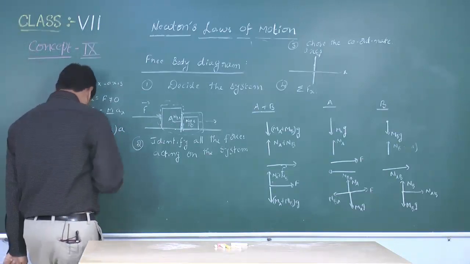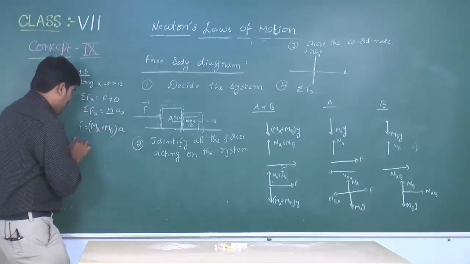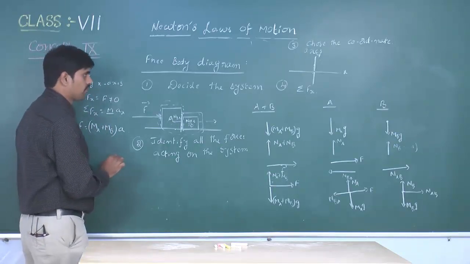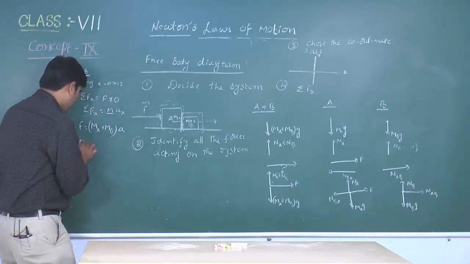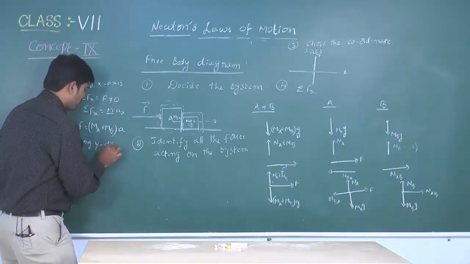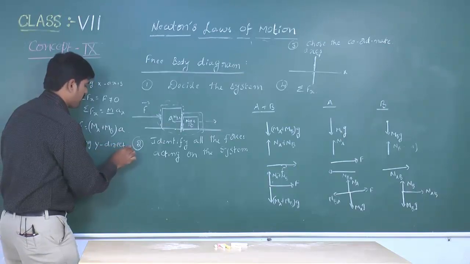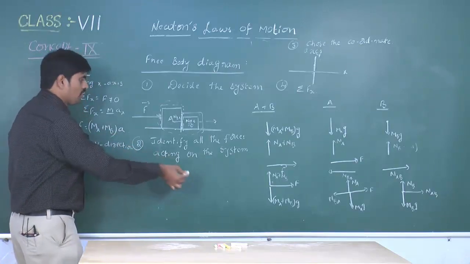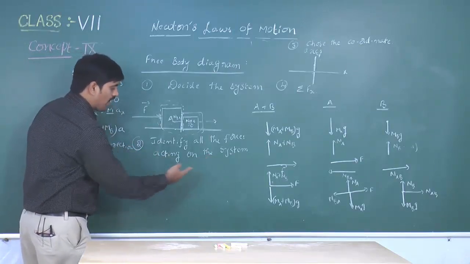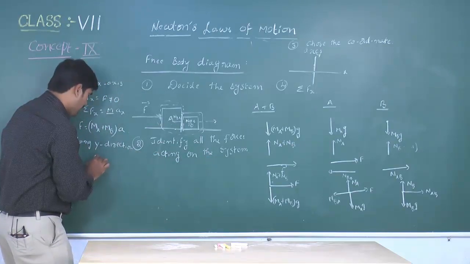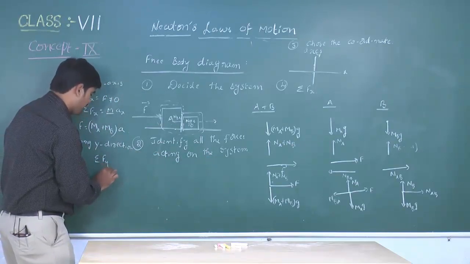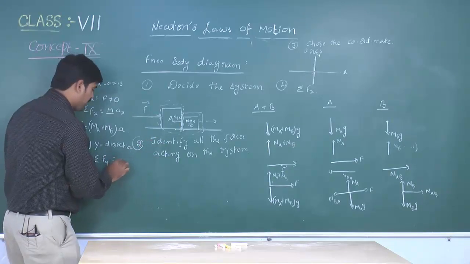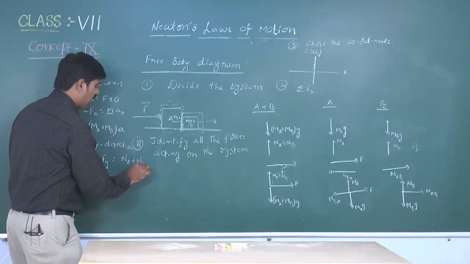Next, along y direction, the forces acting in y direction: sigma Fy, (mA plus mB)g in downward direction and NA plus NB in upward direction.